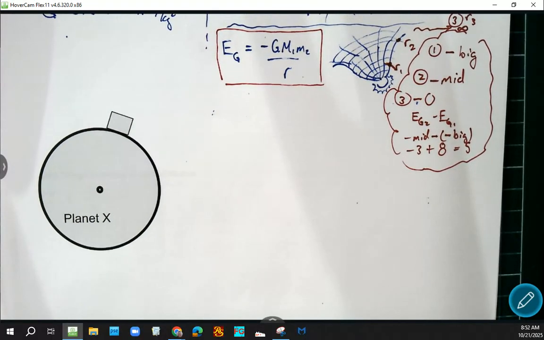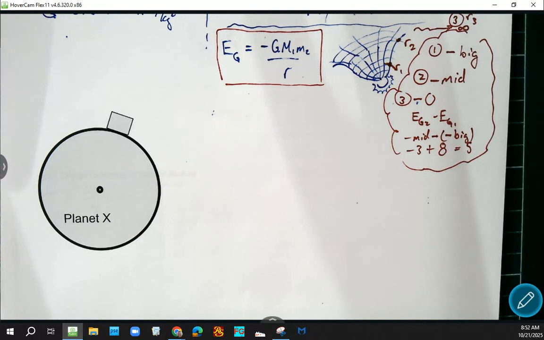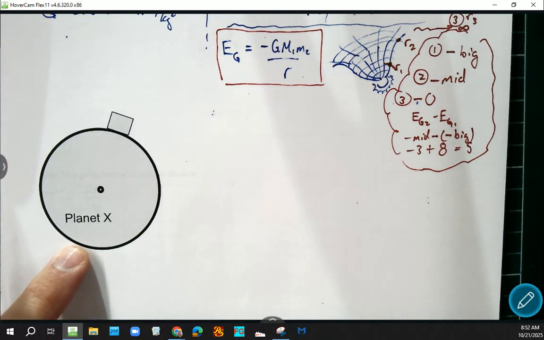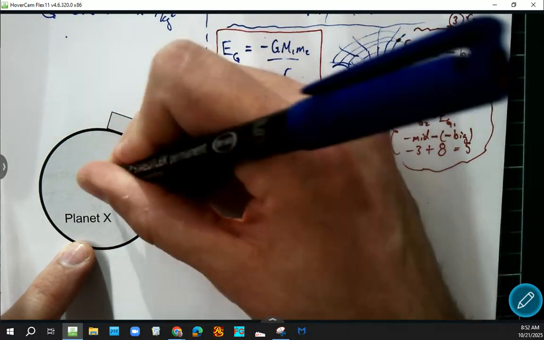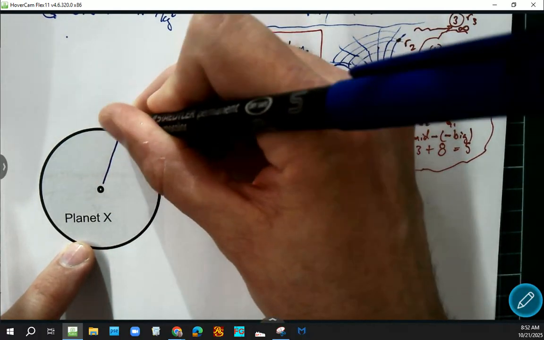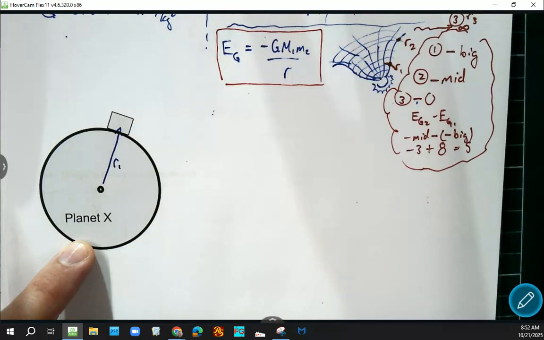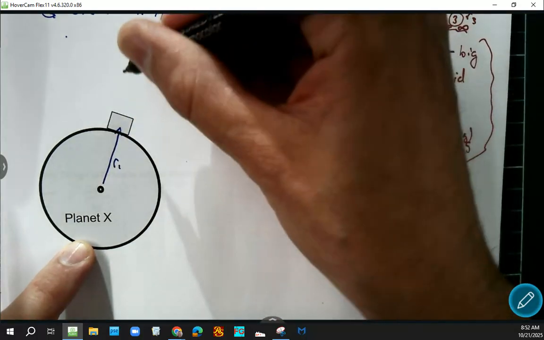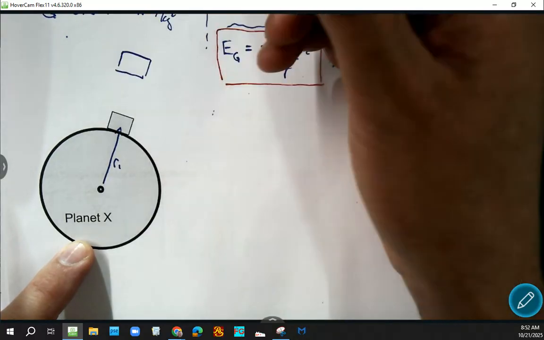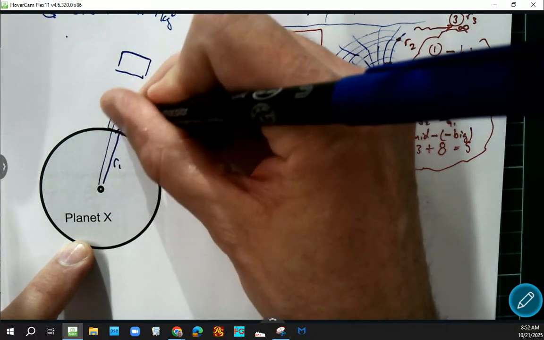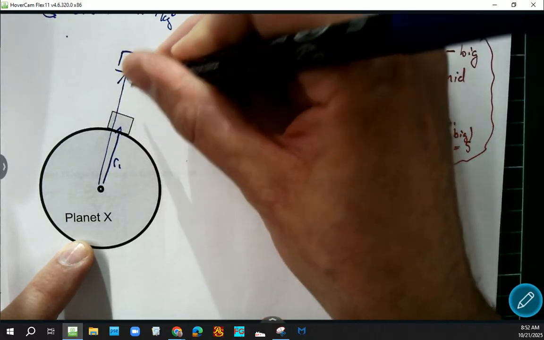No calculus, not even any numbers really. All right, so here I've got a mass on planet X, and it starts off at a distance r1 away from the center of planet X, and we're going to raise it up to a new height above planet X. We'll call that new height R2.